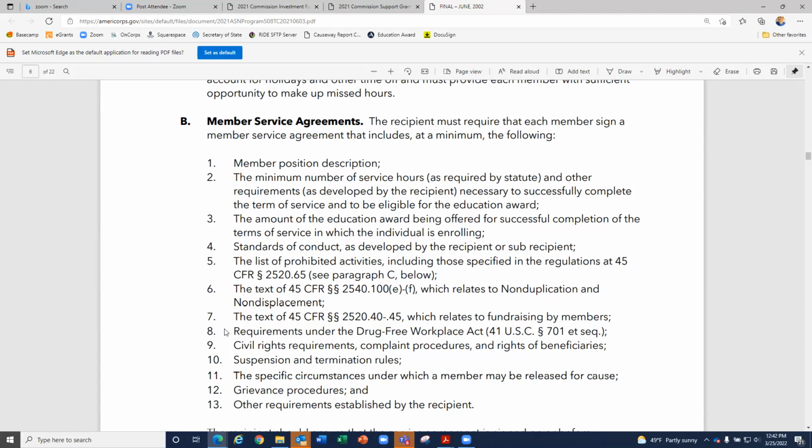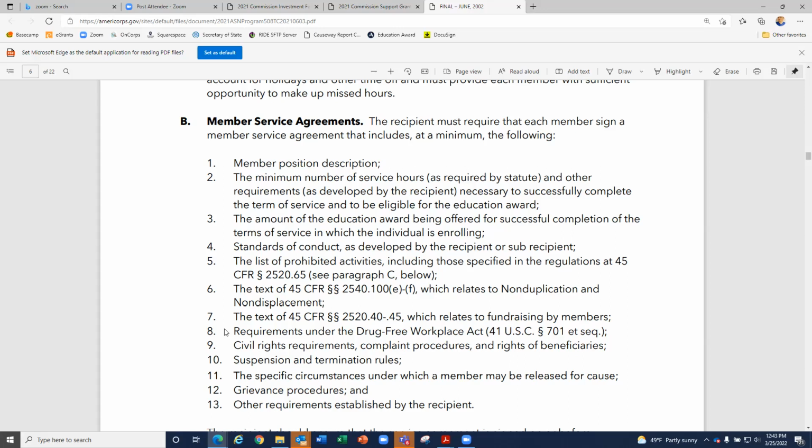That includes their position description, their expectation of how many service hours they're to complete, the end date of when their service experience ends with you, and a lot of information about your expectations for their conduct. You can add additional information to that agreement, but the elements here that you see on the screen are all required components, part of the template in the training that we will provide.